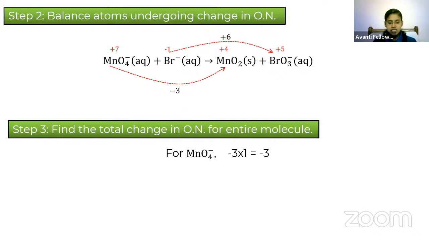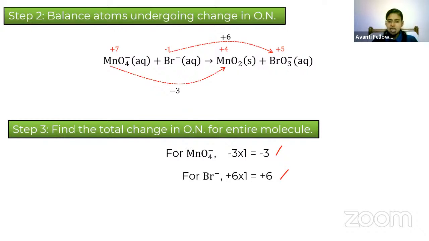For Br minus, we have one Br which has lost 6 electrons, so plus 6 into 1 is equal to plus 6. If you look at the charges carefully, the electrons gained by manganese are not equal to the electrons lost by bromine.